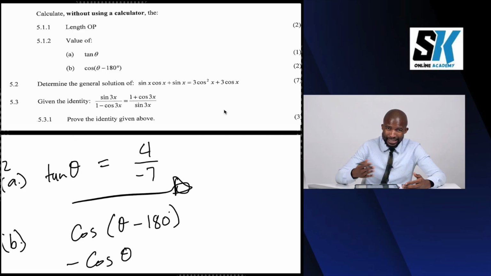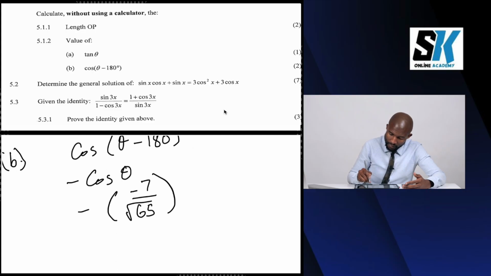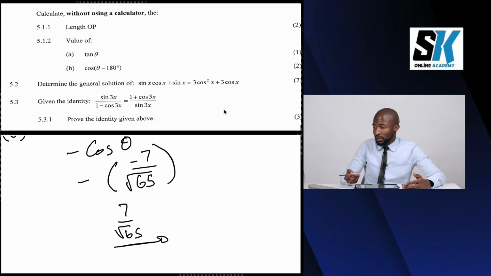So it's adjacent over hypotenuse. Our adjacent is -7, and our hypotenuse is √65. So this will be +7 over √65, and that will be your negative cos theta.